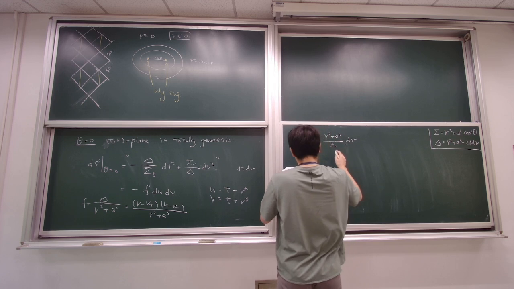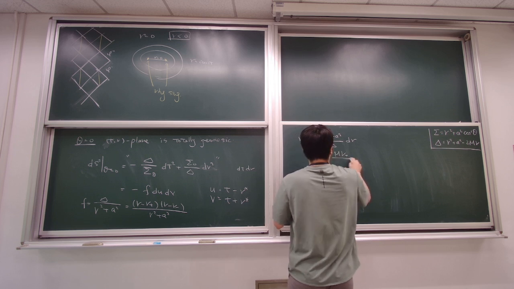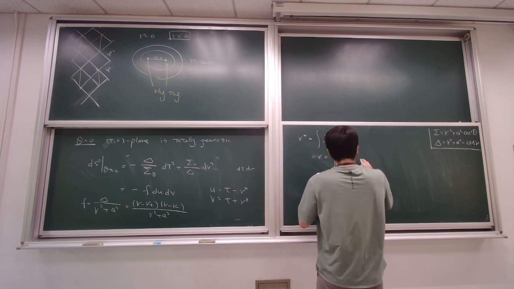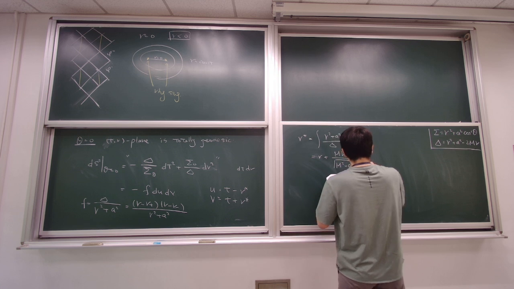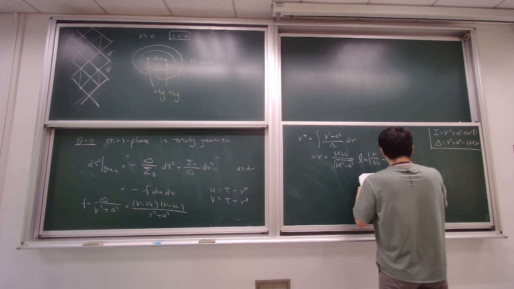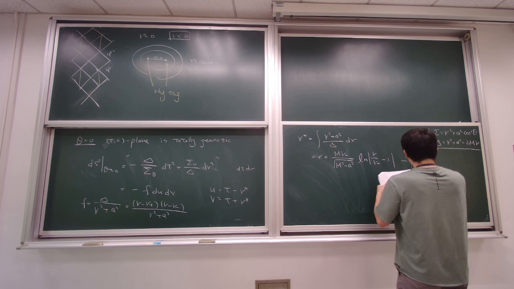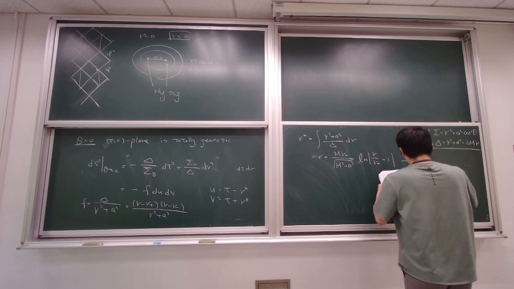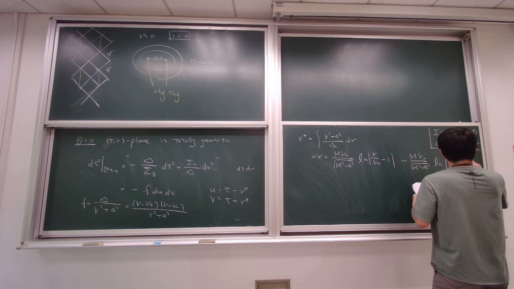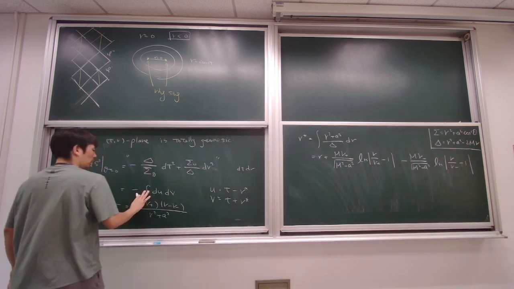It is r plus, and then m over the square root of m squared minus a squared, times log of r minus r minus, like this way.